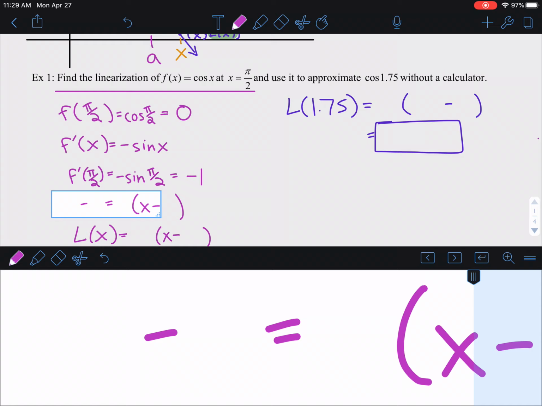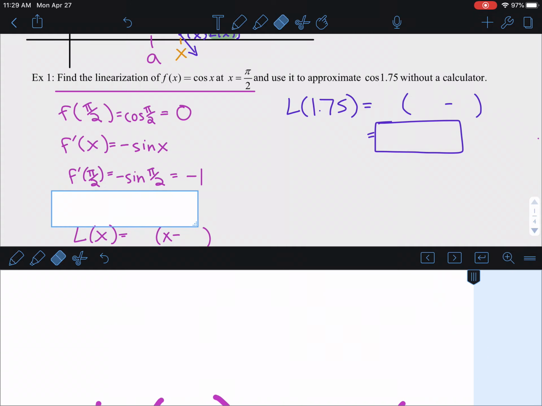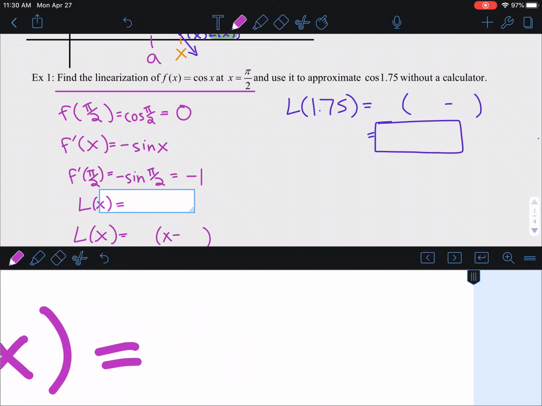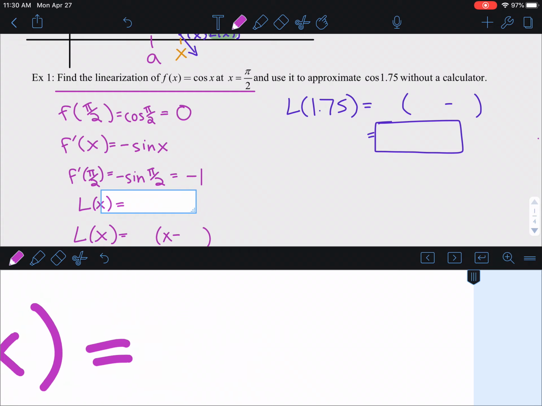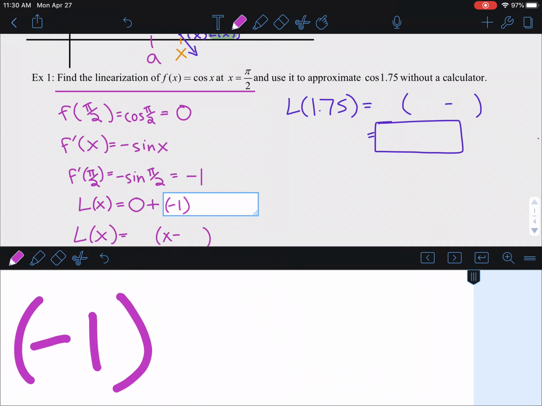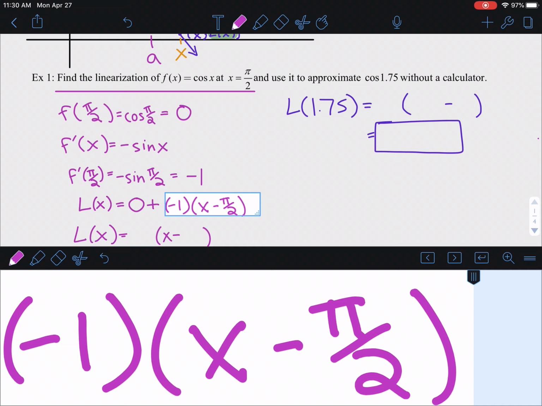If you want to write this in point slope form first, you can. I'm actually not going to. I'm going to go straight to the linearization formula. L of x equals f of a, which is just the y coordinate here, 0, plus my slope, which is negative 1, times x minus my a value, which is pi over 2.